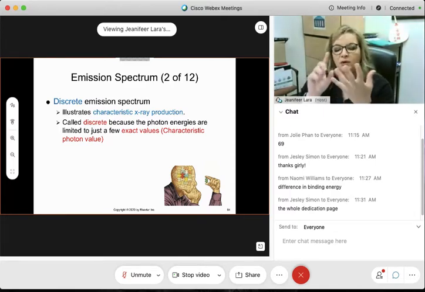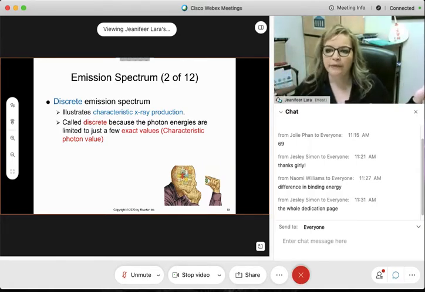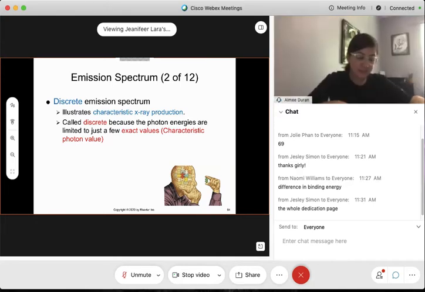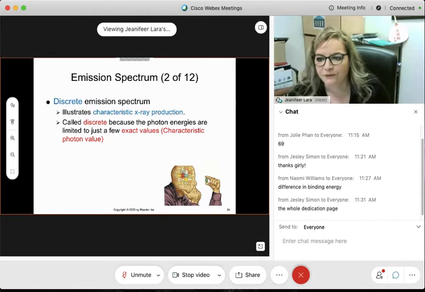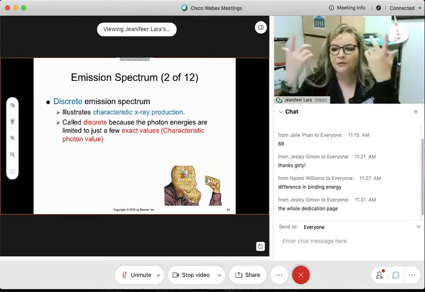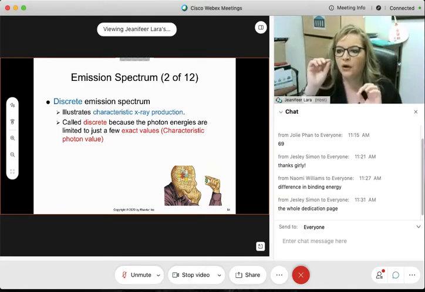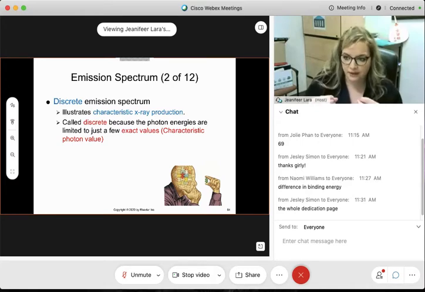L, M, N, O, P. What is going to absorb that? Tube filtration. You're not going to exit. You're not going to go anywhere. Our tube filtration is going to take it and handle it, right? Because our tube filtration absorbs those weak photons, right?